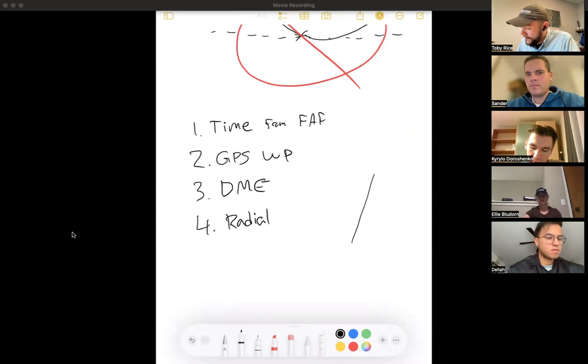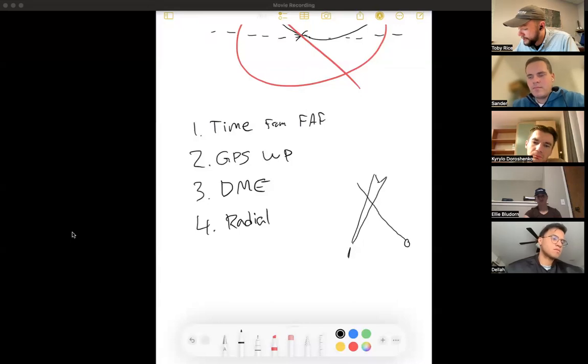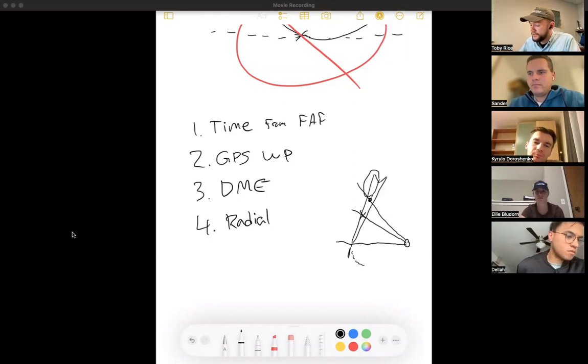Let us say that there's an approach that's going into an airport, right here, and there's a VOR, say, over here, and the VOR radial crosses over here to show you your initial approach fix, maybe, and then there's maybe a hold there or something like that, and then maybe your final approach fix, it would show right there, and then your missed approach point might be a radial right here, and as soon as you cross that radial, well, you go missed, just like that. So that's why you would have two VOR receivers in the plane that would show you exactly where that would be. So a radial is an option.